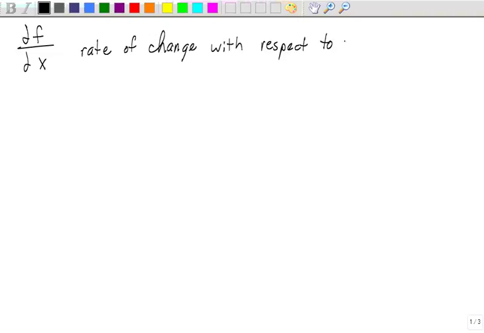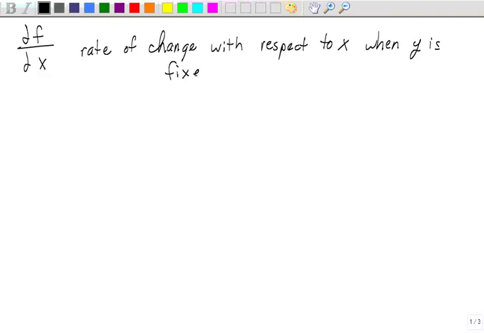Another way to think about the partial of f with respect to x is the rate of change with respect to x when y is fixed.